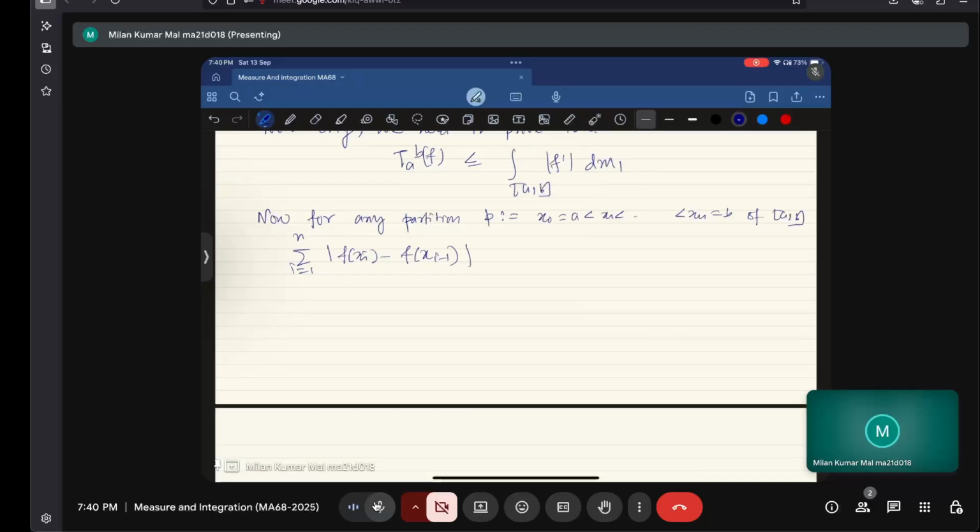I have to prove that this one is less than or equal to this particular thing.